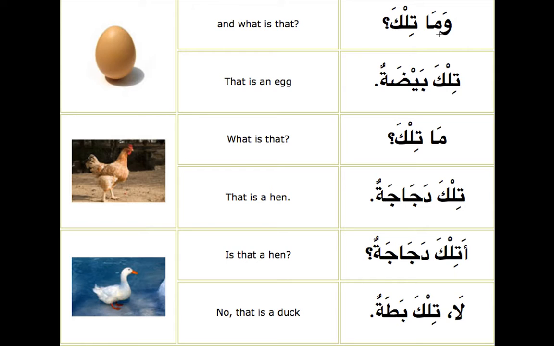Earlier we used man, now we're using ma. Ma tilka, what is that? And they say tilka baydatun, that is an egg. Tilka baydatun, an indefinite noun. Note that the combination is always a demonstrative pronoun and an indefinite noun ending with two tanween, in all the sentences we're doing so far.